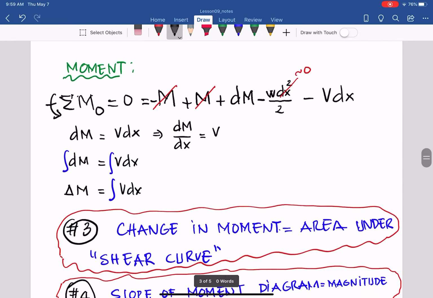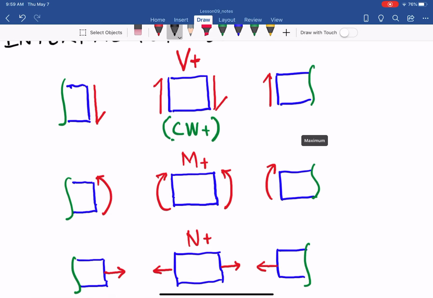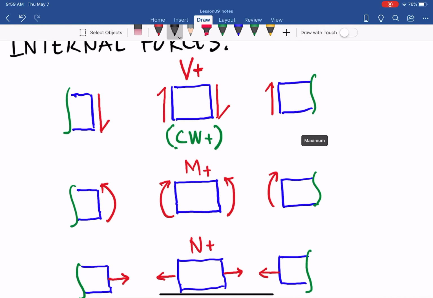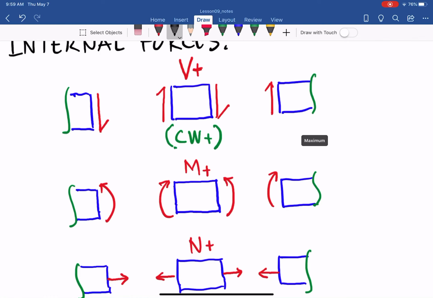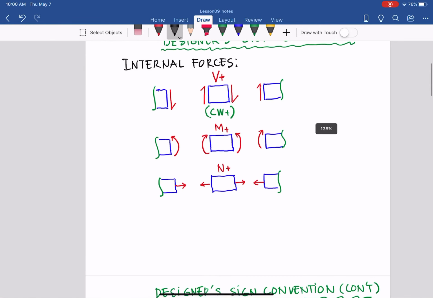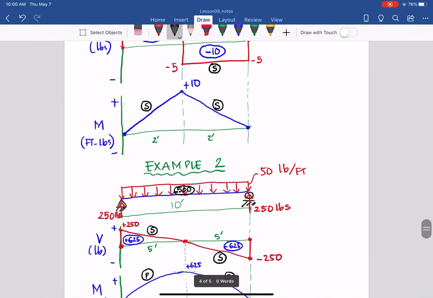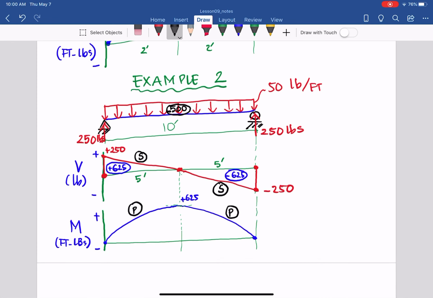Why positive? If you recall the internal moment convention for internal forces, moment is positive when it creates tension at the bottom and compression at the top. That is positive moment. And with that, we also know the maximum moment is in the middle.